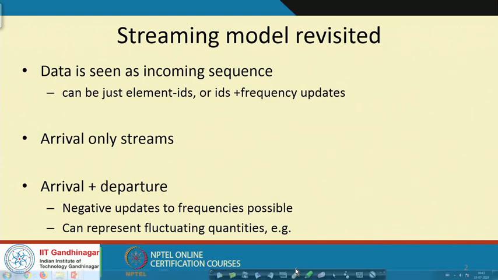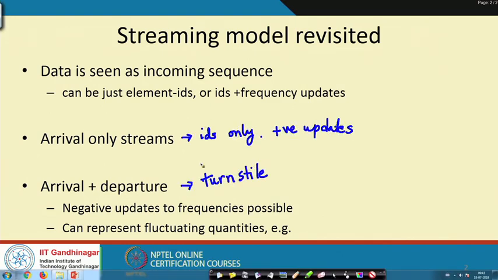This is the typical case that we will always be dealing with. Unless I say otherwise, whenever I say arrival plus departure, we are in a strict arrival plus departure model, in which you get both positive and negative updates, but the negative updates can never result in the total frequency of any item being less than 0.